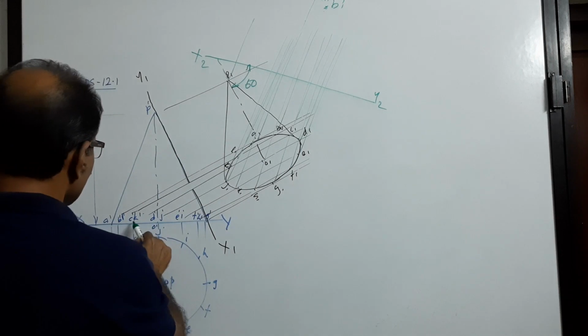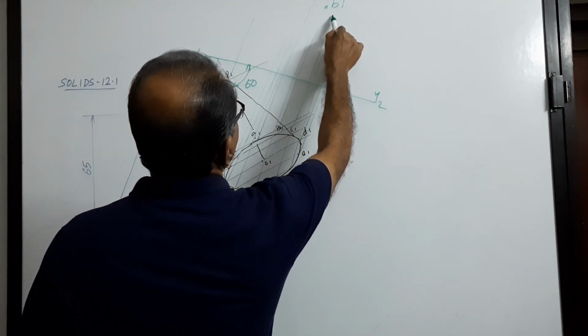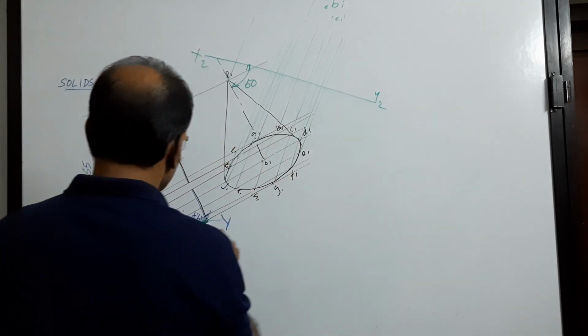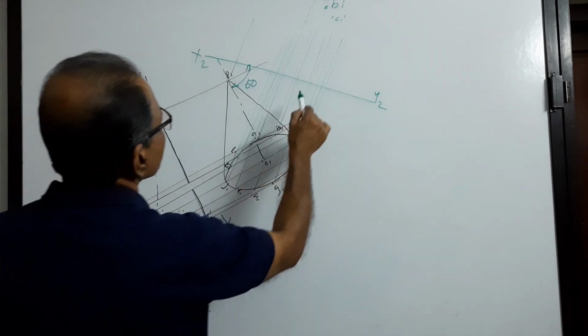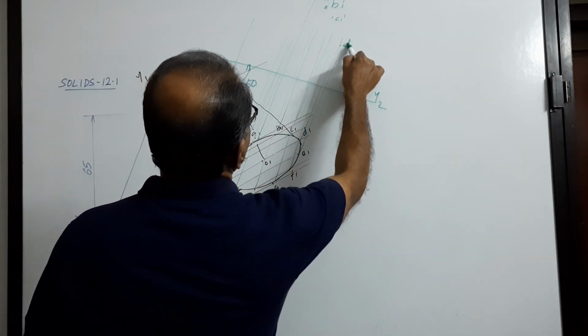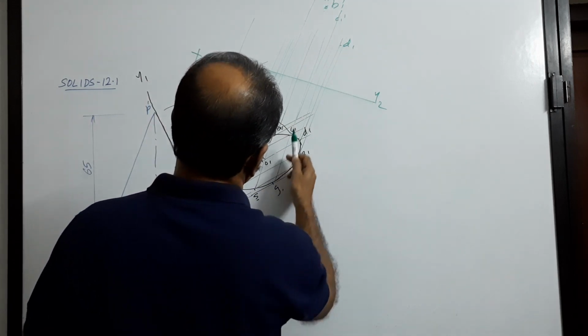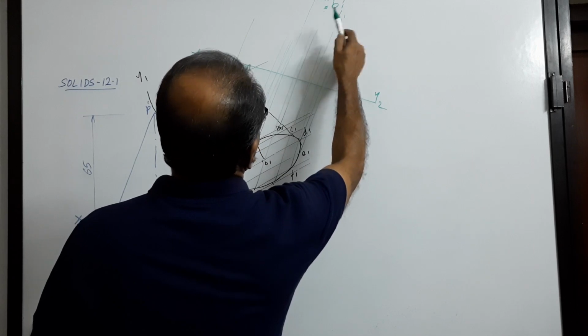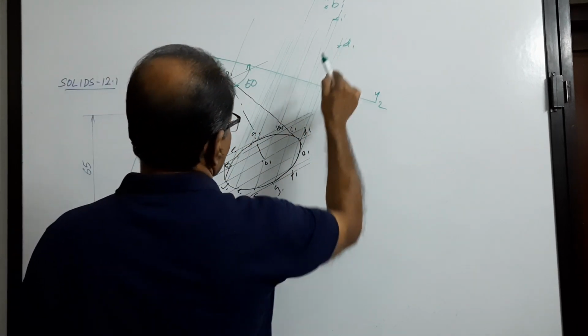C, this far away, C1 dash. D, this far away, D1 dash.